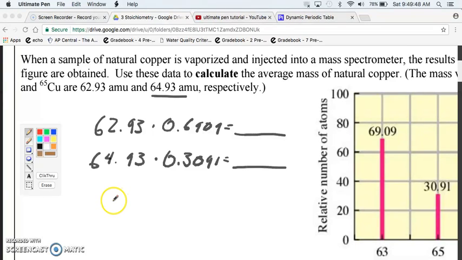So 62.93 times 0.6909. That one is 43.48. Okay. Over here, 64.93 times 0.3091. Add these together, we get 20.06.